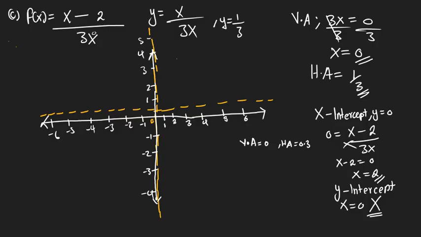Now, we can use the vertical asymptote. We can get a point that is above 0, and a point below 0. The point that is below 0 is negative 1. Let's see what happens.